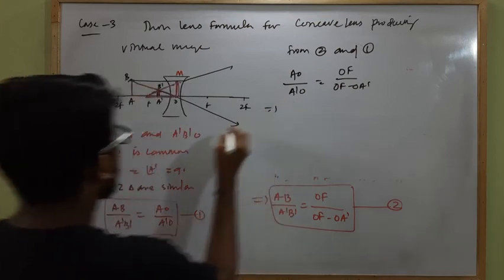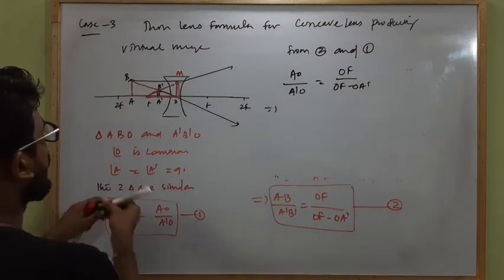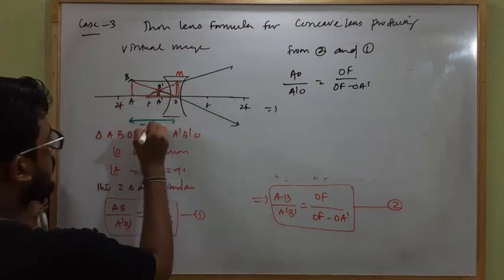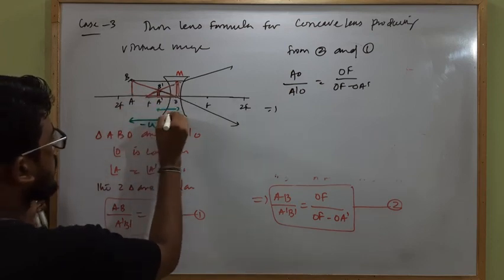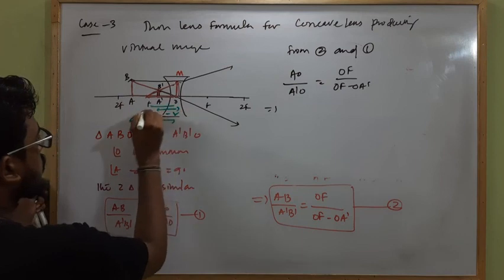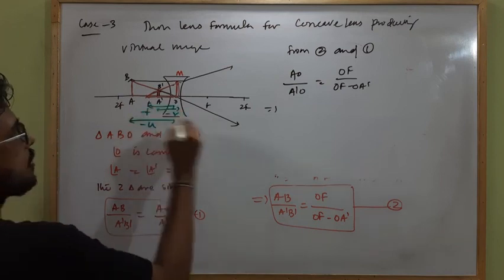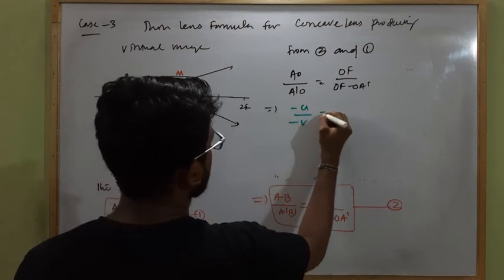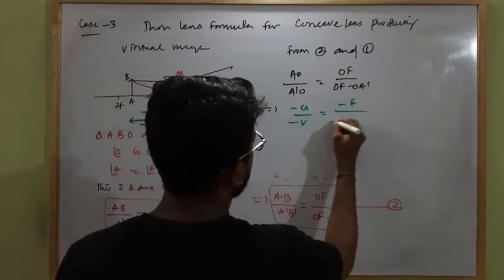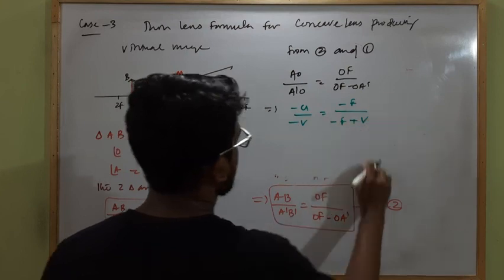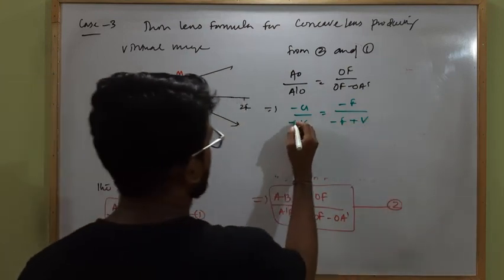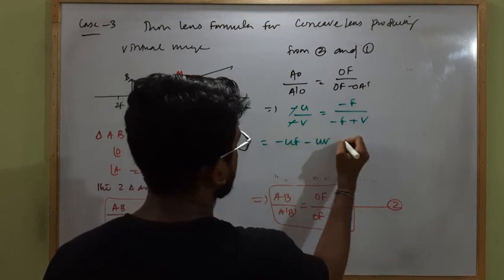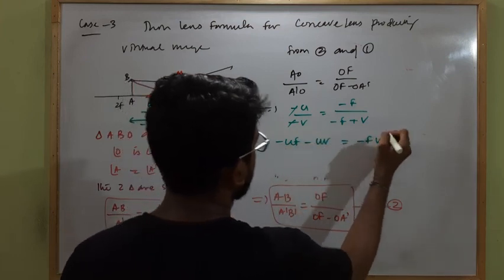So what is AO? Here AO is the object distance measured opposite to the direction, minus U, OA dash is minus V, and OF is also minus F. So minus U divided by minus V equal to minus F divided by minus F plus V. Now cross multiplying this we will get minus UF minus UV equal to minus FV.